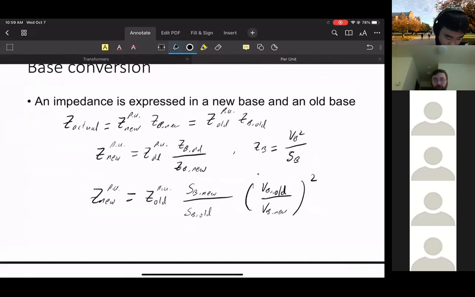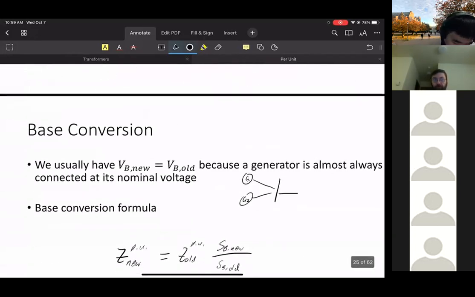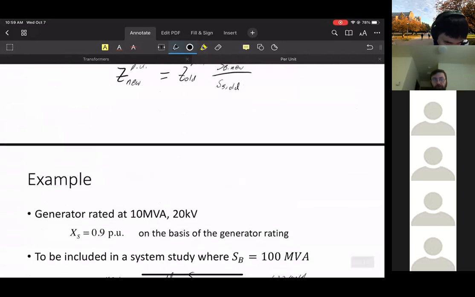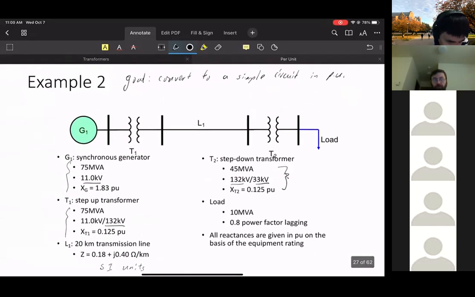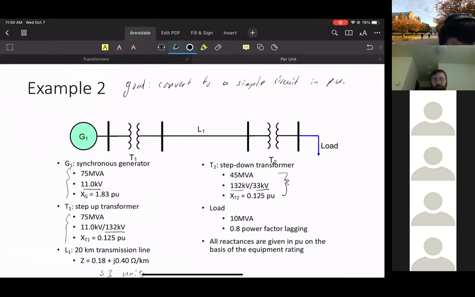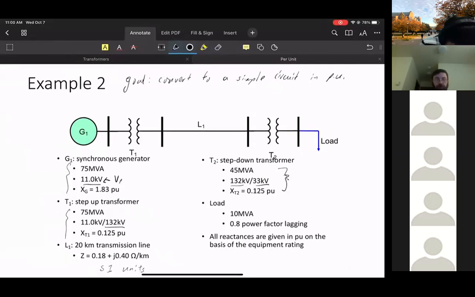Good question. What happened is this is normally the case: they're equal. So why are they equal? Let's look at this problem. This is VB old for generator one, and this is the VB new for generator one.